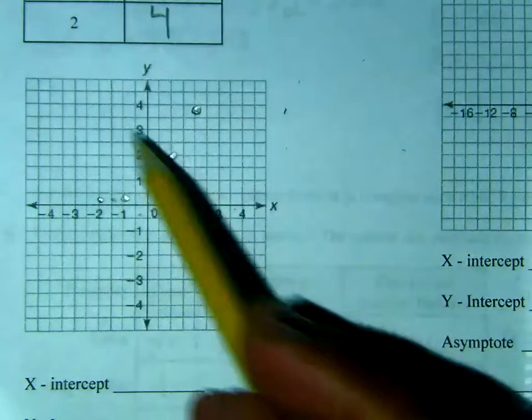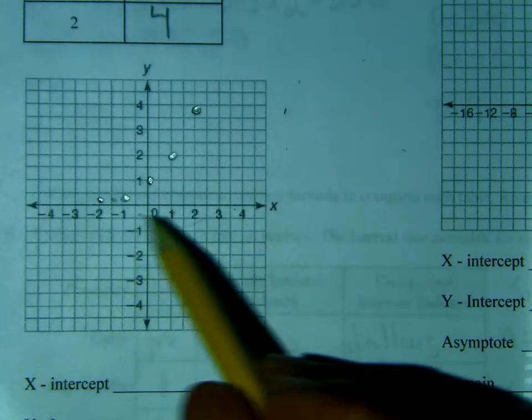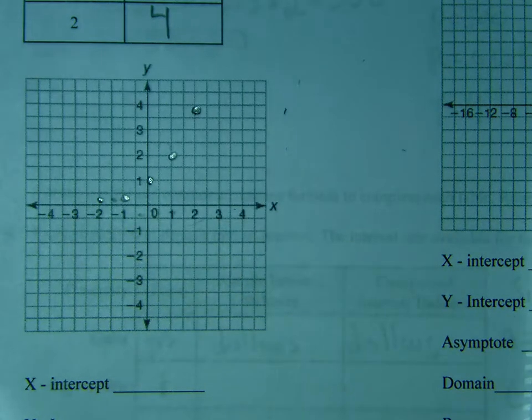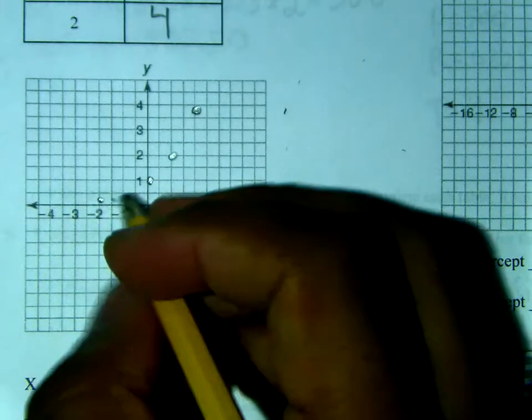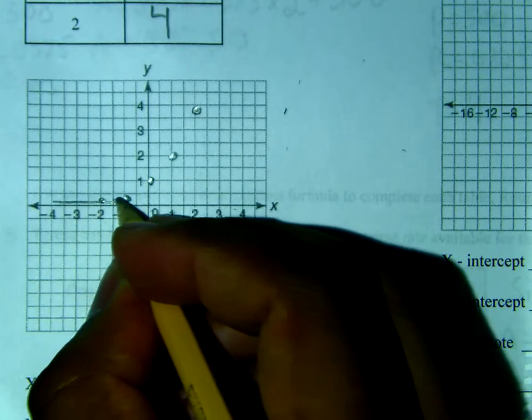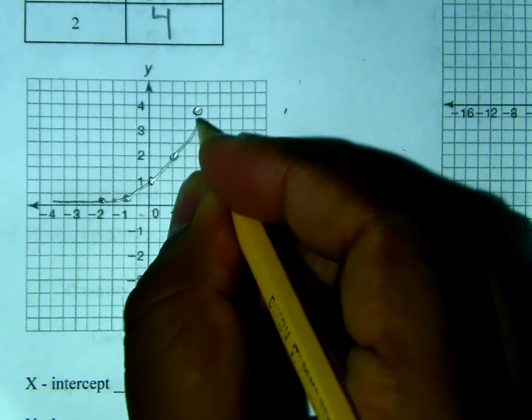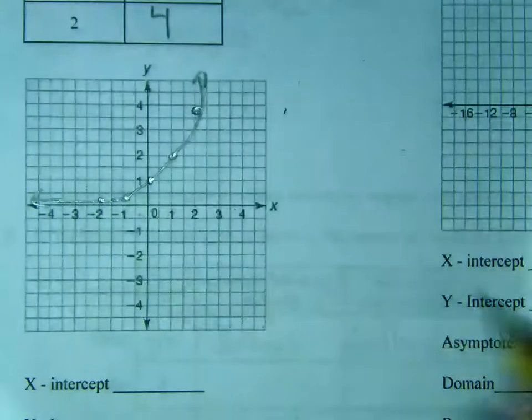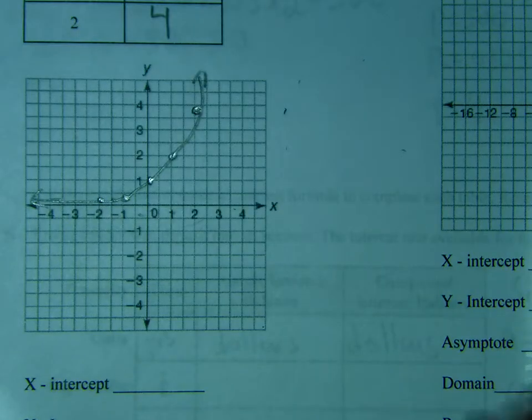So I just plot these points just like regular coordinates. Negative 2, 0.25, negative 1, 0.5, 0, 1, so on. Now I'm going to draw my line like so. And that's my exponential function.